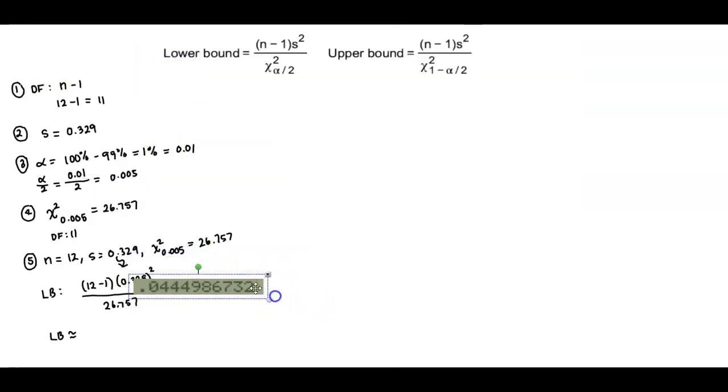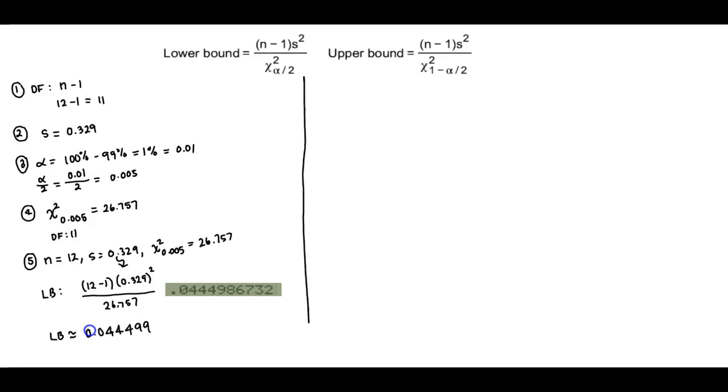We're going to take this value and round it. Right now we get 0.044499. And I'll get back to you as to why we are rounding it to that many places.